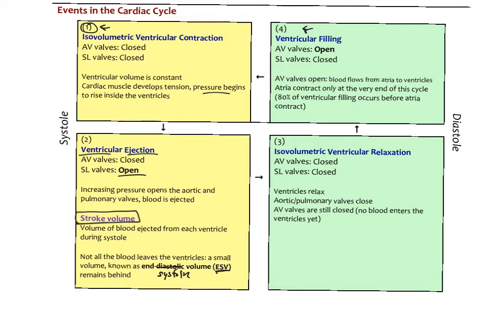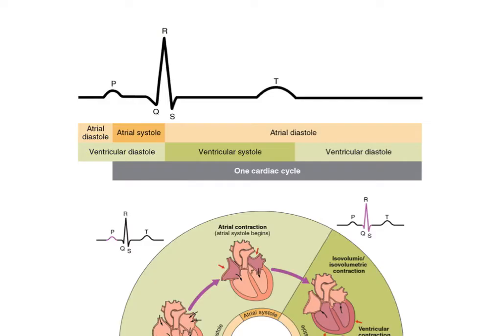The ventricles will continue to contract into step 2, and then by step 3, the signal has passed through the heart, and at this point the ventricles are relaxing, and we go into step 3. So it's important to keep these mechanical events that are occurring in the heart, how the blood is also flowing in the heart, and put that in context with the electrical activity in the heart as well. So that's one complete cardiac cycle.